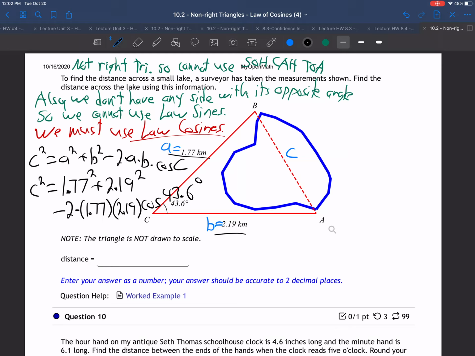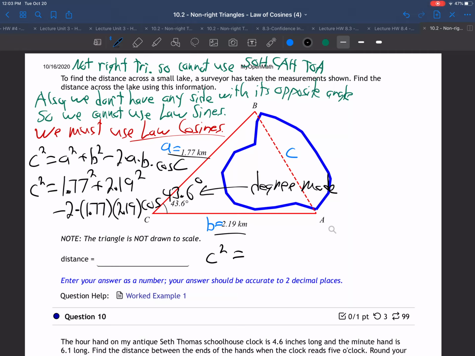So basically, hit the buttons on your calculator. I'll bring it down here. I'm just going to do that myself. Make sure you are in degree mode, right? Because that's a degree angle. I'm going to check my own mode. Yeah, I'm in degrees.